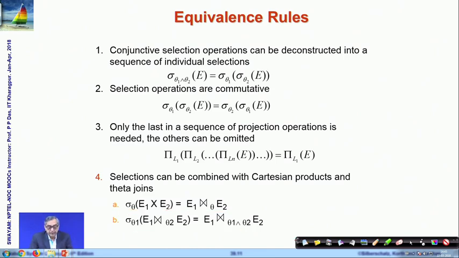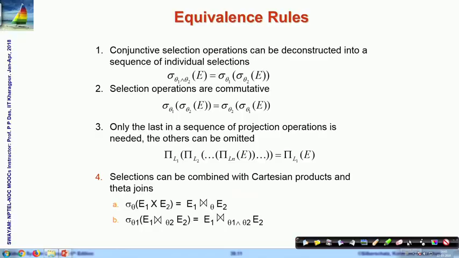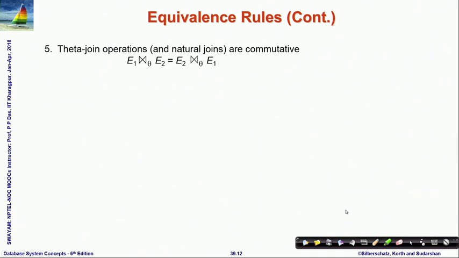So, these are equivalent in the sense that the left hand side and right hand side are interchangeable. It does not mean that the left hand side implies the right hand side or vice versa. It means that either of them implies the other; they are really equivalent in that sense. Then theta join operations and natural join operations are commutative. We can interchange the relations.